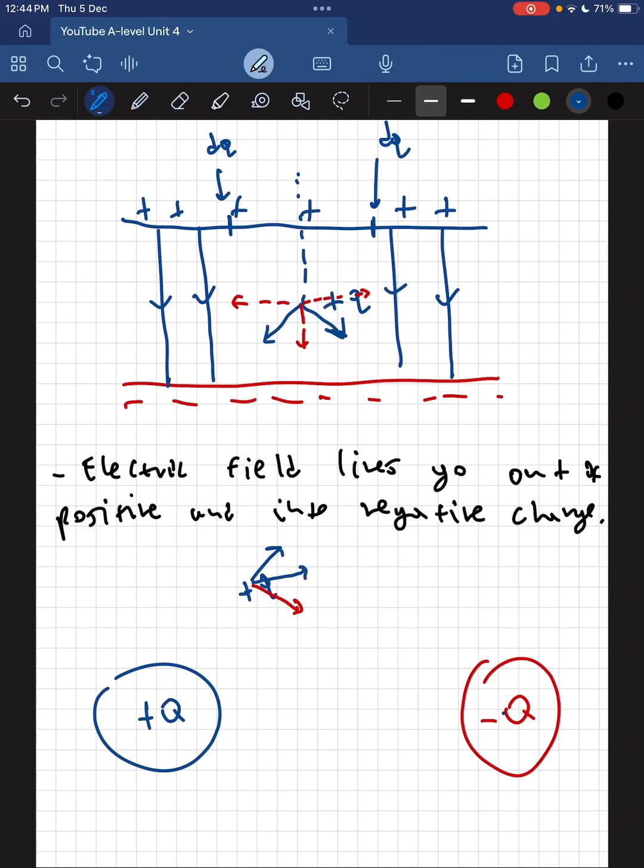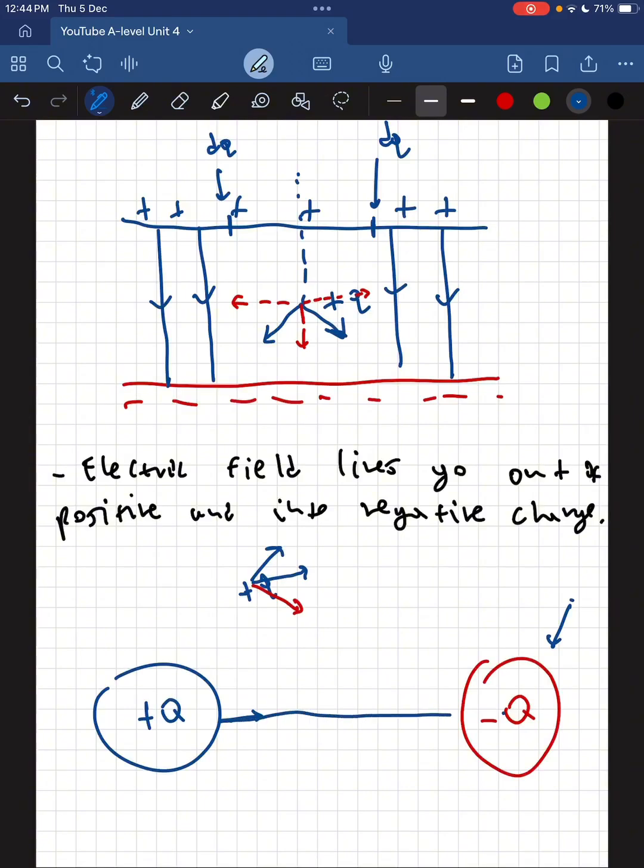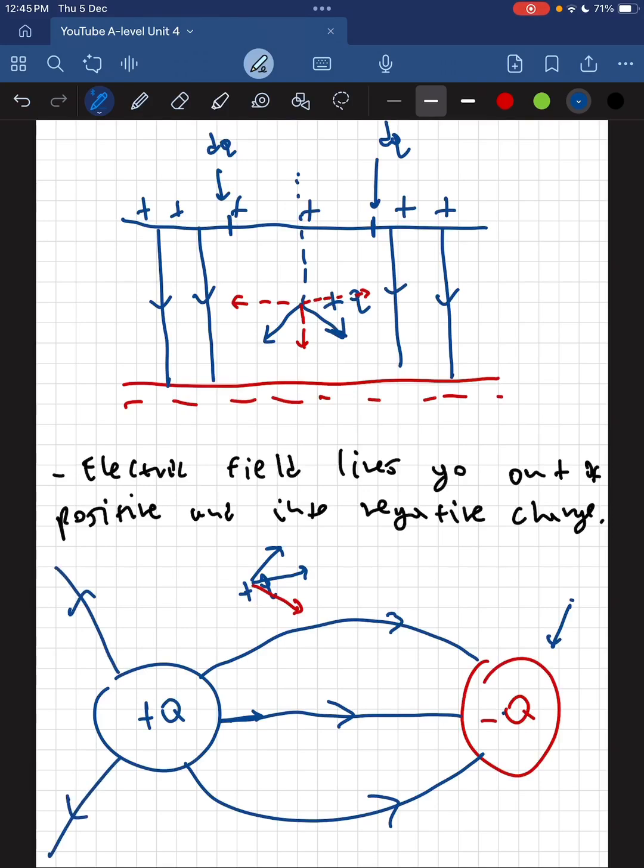So this is the component of the force that this charge is going to experience. If I put the charge there, it's going to experience a force like that. If I bring my charge over here, it's going to experience a force there because it's closer to the negative charge than the positive charge. And in general, we can just draw the electric field lines like that, okay? This is what the situation is going to be like.